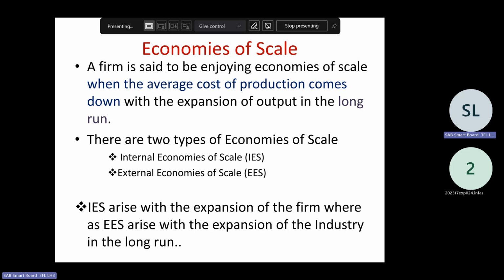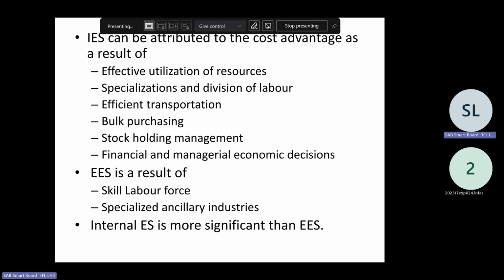It is also the long run. So what are the internal economies? If we utilize the resources efficiently, the firm will benefit. Specialization and division of labor: we use labor in a productive way, the resources in the most productive way, through specialization and division of labor.